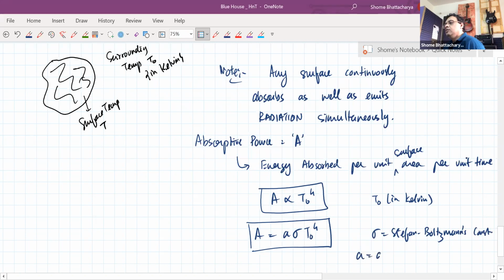Now E is absorptivity, which is a material property. Just like emissivity, E is between 0 and 1 for all known materials.